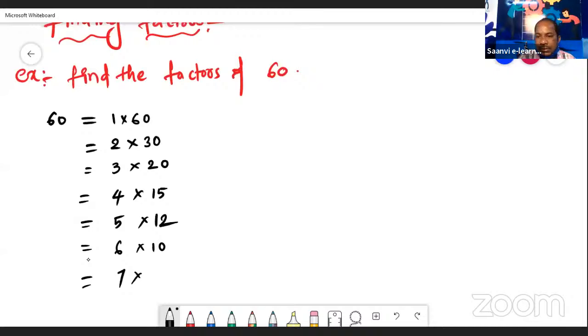But here we have only 60. So the number 60 will not divide by 7. So here 7 is not possible.